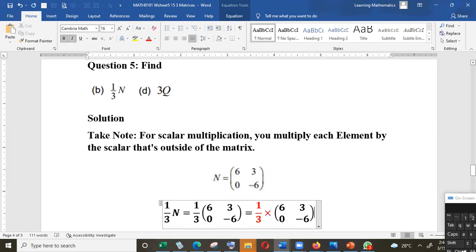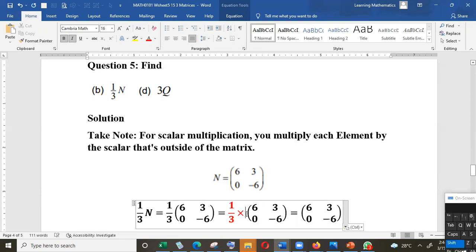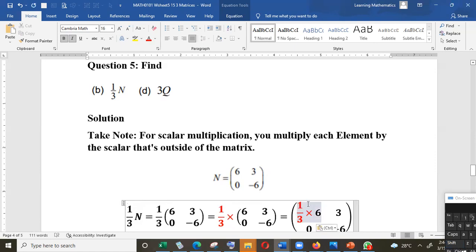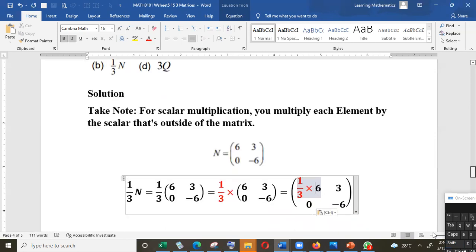Okay, so therefore now here is n, and we've got to multiply each element in n by a third. We have to multiply a third to 6.